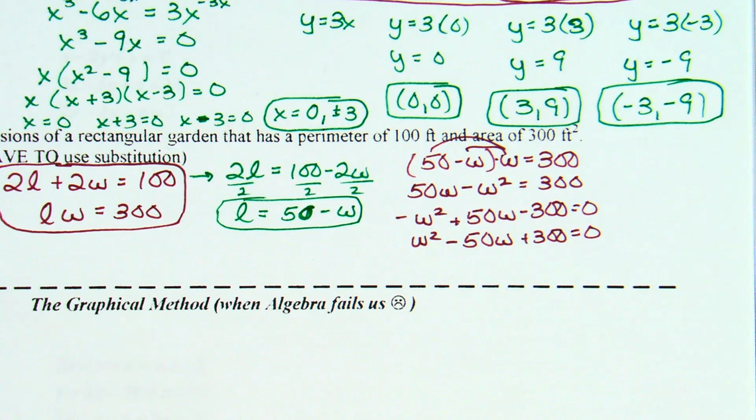So 2,500 minus 1,200, 1,300, all over 2.